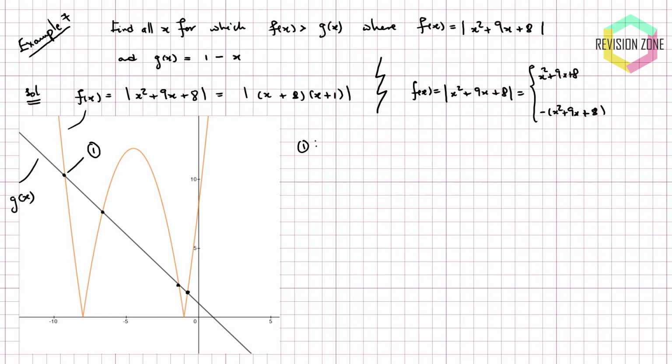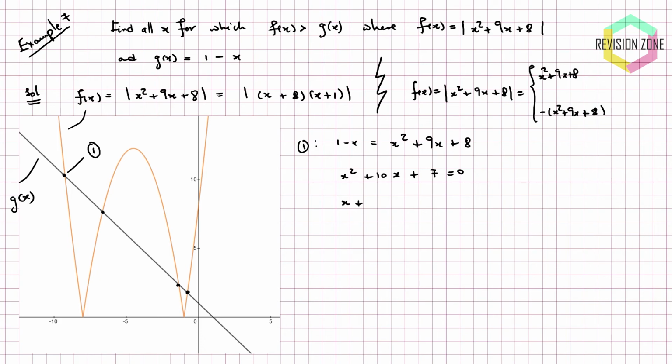So for the first point, we're going to have 1 minus x intersecting with the regular positive part of our initial quadratic, which is going to be that. And then we can solve this because it gives us x squared plus 10x plus 7 equals 0. And this, of course, needs completing the square.